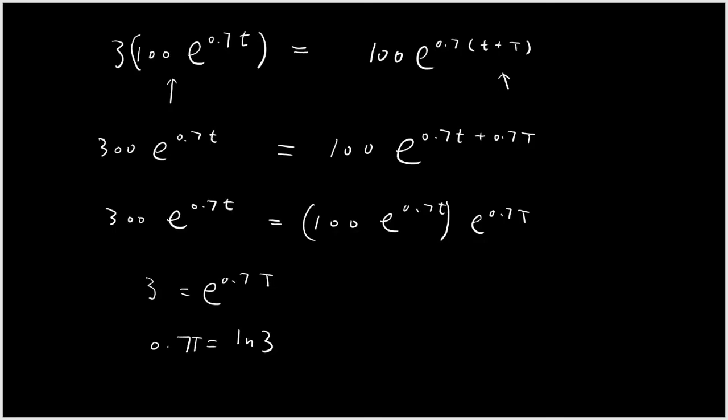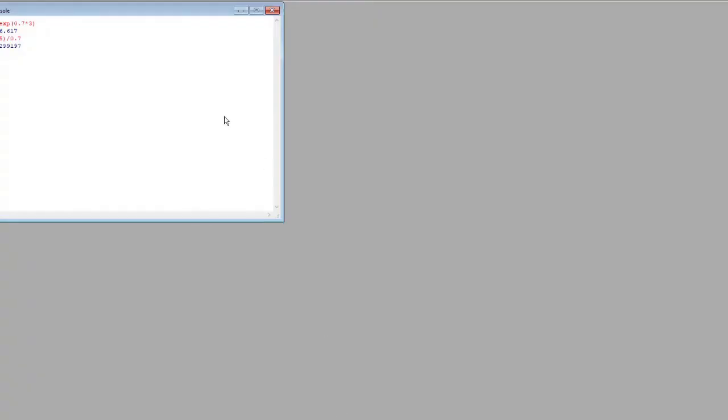So uppercase T now is equal to natural log of 3 over 0.7.